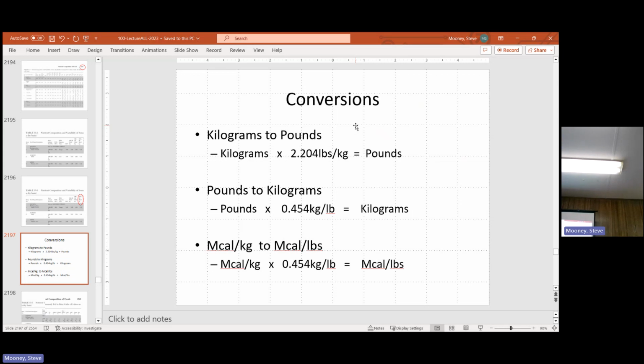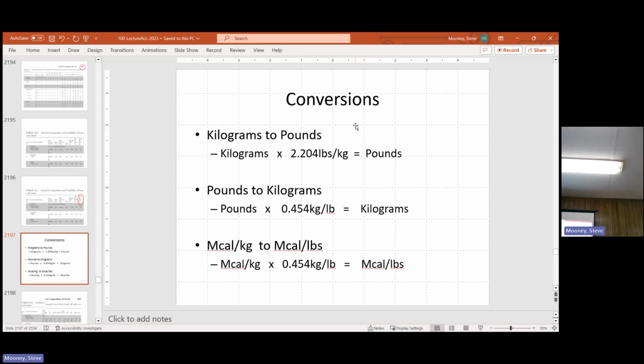So if we want to change, and this is what you're going to have to do with your megacalories per kilogram, you're going to multiply by 0.454 to get megacalories per pound.